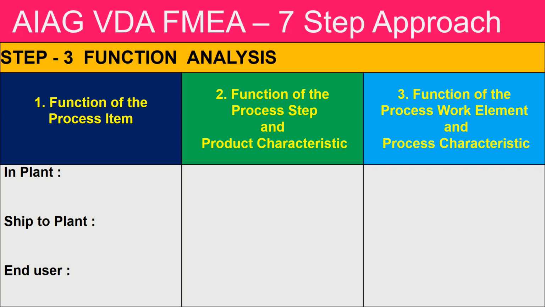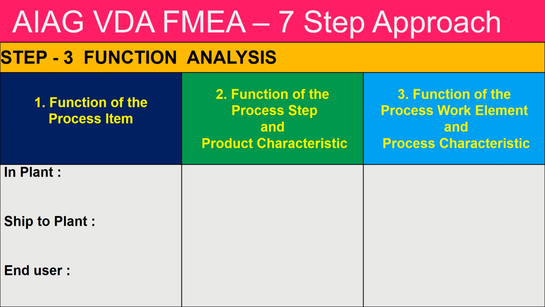For the other two categories, we have to keep in mind the clear definition of the product characteristic and the process characteristic related to it. Product characteristic is related to the performance of a process function. It can be measured after the product has been made, while process characteristic is the process controls that ensure the product characteristic is achieved by the process.